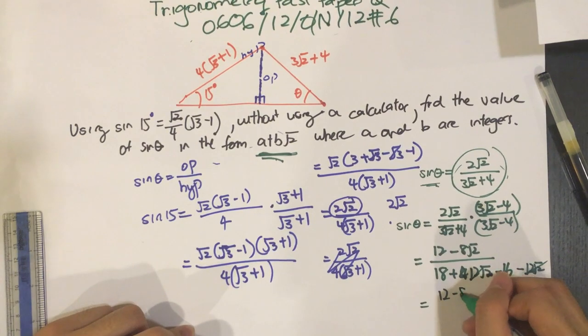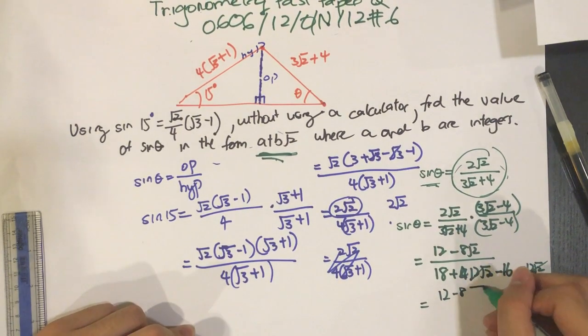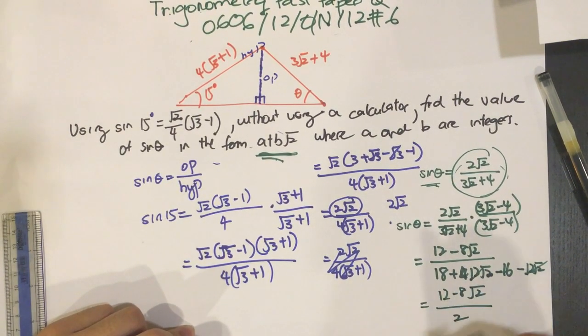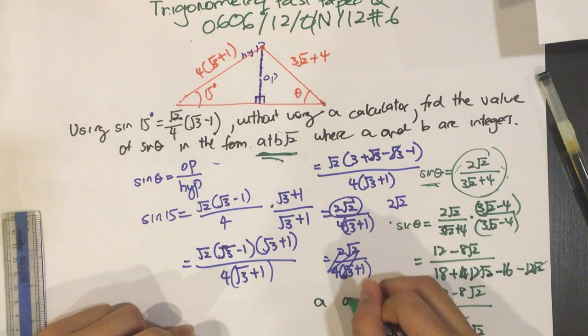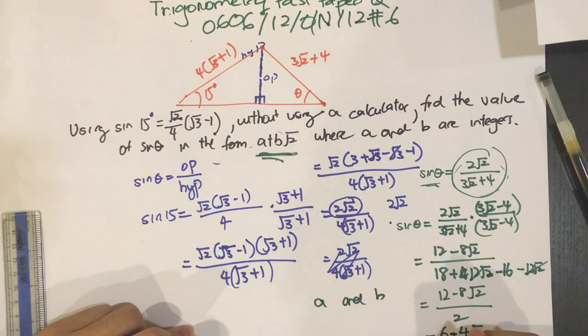I'm left with 12 minus 8 root 2 over 2, which equals 6 minus 4 root 2. Therefore our values are a equals 6 and b equals minus 4.